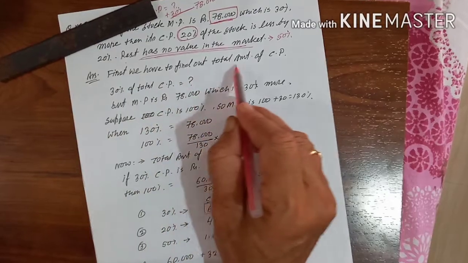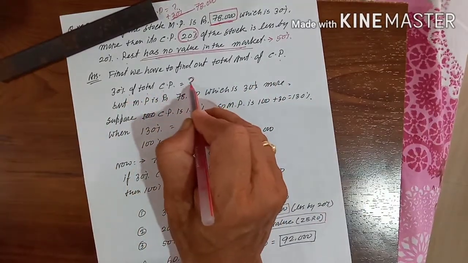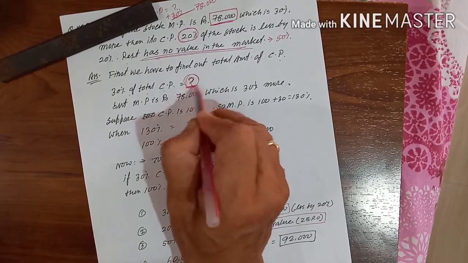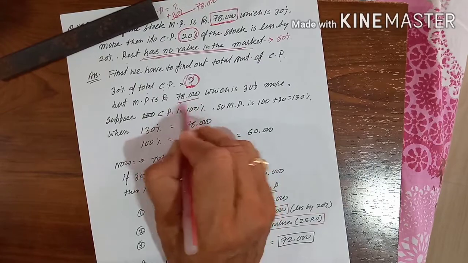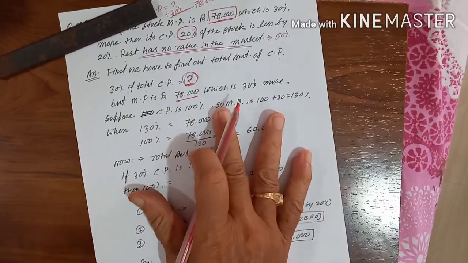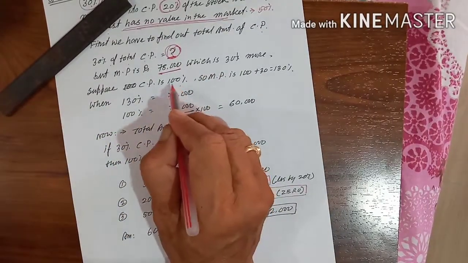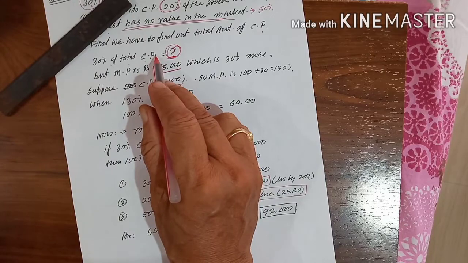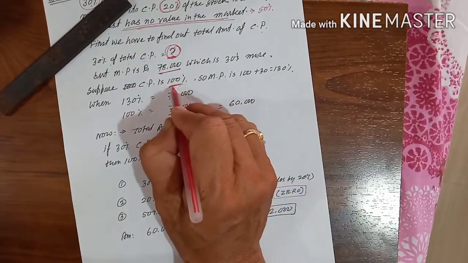First, we have to find out the total amount of CP. 30% of the CP you do not know, but the market price MP you know, 78,000, which is 30% more. Same as question number 1. Suppose CP is 100%.